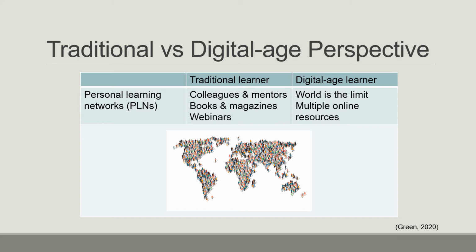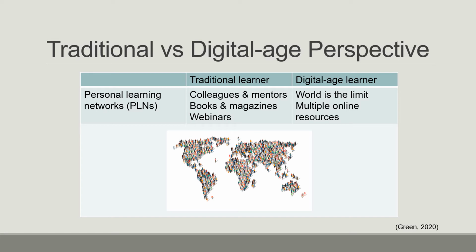Personal learning networks are formal and informal networks of individuals with similar goals and interests who use digital tools to share information, learn from, problem solve, and collaborate with each other. Traditional learners may not realize they have a PLN, but they do. Their networks consist of colleagues, friends, mentors, magazines, email, and webinars.